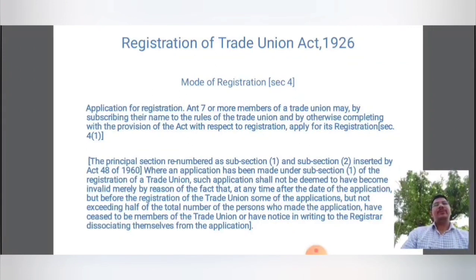If you want to register a trade union, the members need to make an application for registration, in which at least 7 or more members of the trade union, by subscribing their names to the rules of the trade union and by otherwise complying with the provisions of the Act with respect to registration, apply for the registration. This is stated under section number 4, subsection 1.